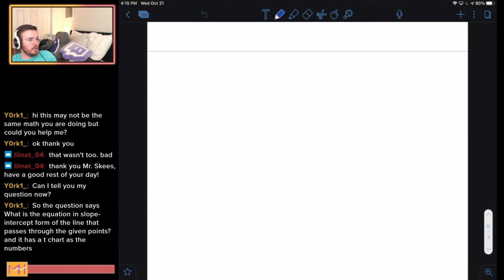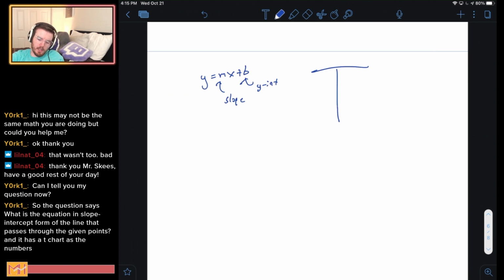It's a pretty easy problem. So your slope-intercept form is y equals mx plus b, where b is your y-intercept and m is your slope. If you have a t-chart, do you happen to have a point where x is 0 and then there's a number?